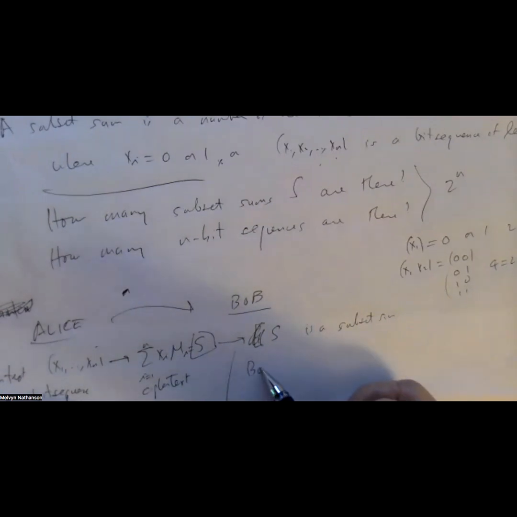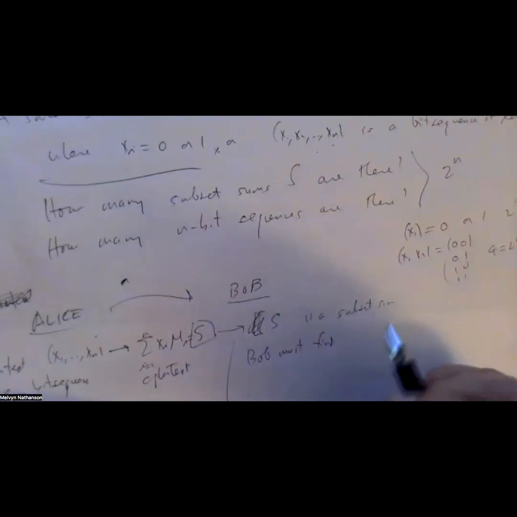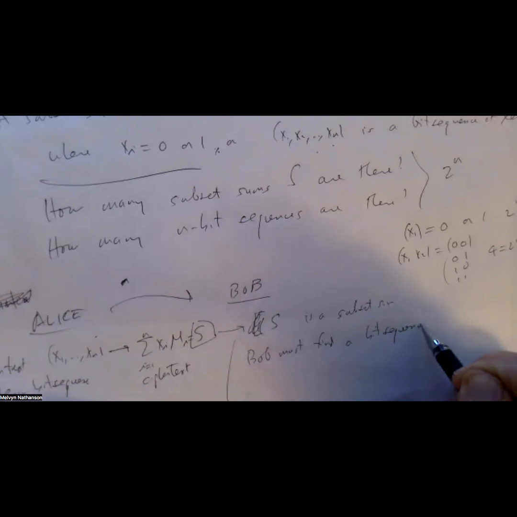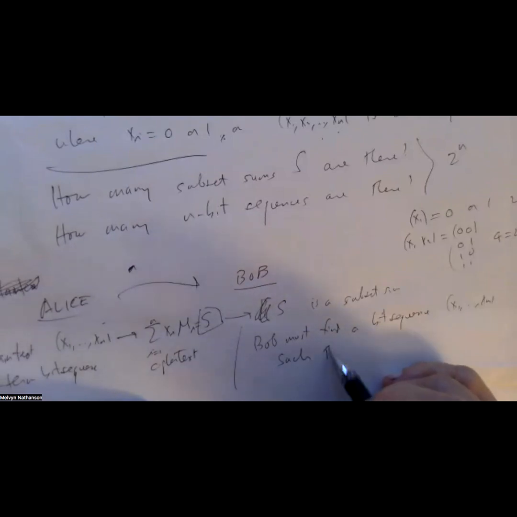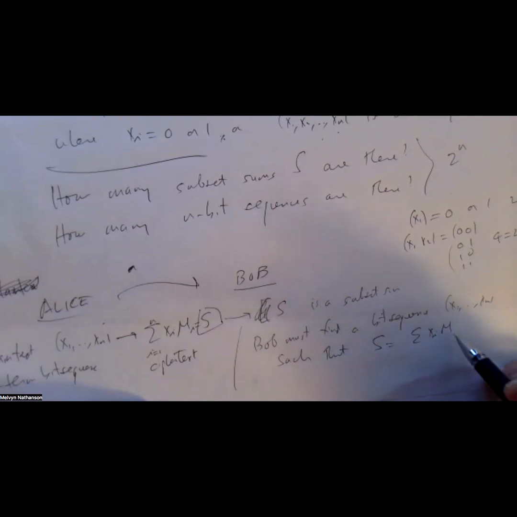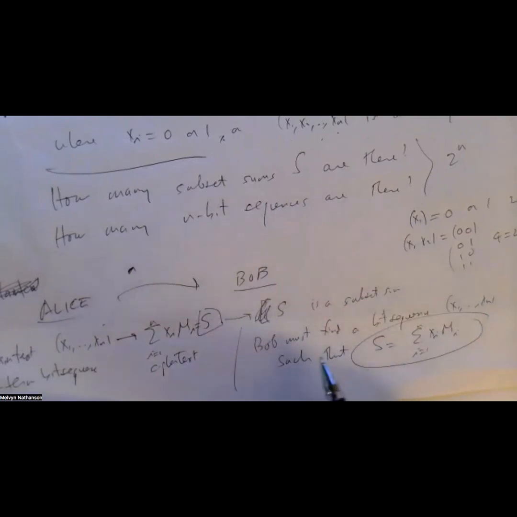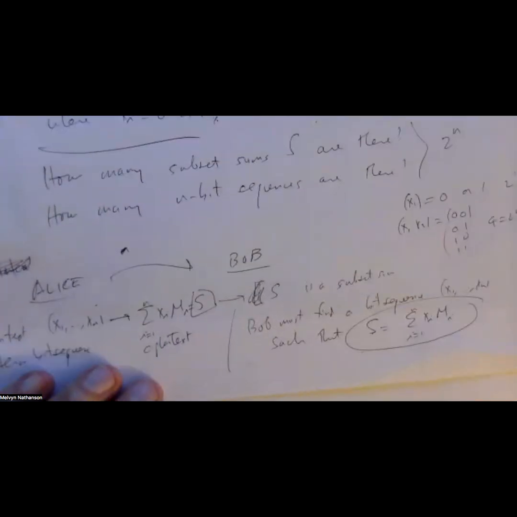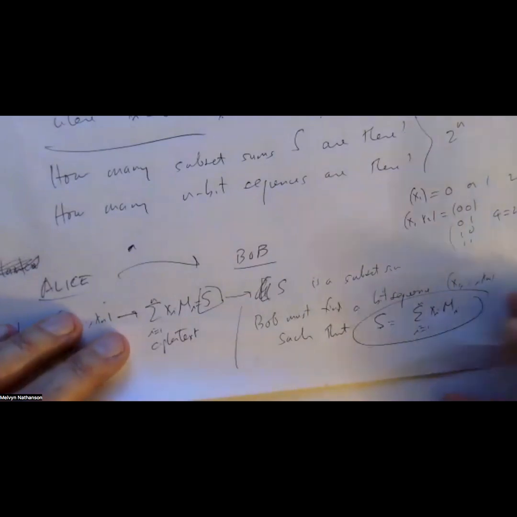So Bob must find a bit sequence x1 up to xn such that S is the summation of x sub i, m sub i, i going from 1 up to n, right? So Bob has to decompose S into a sum of elements of my set M, right? How does Bob do that?